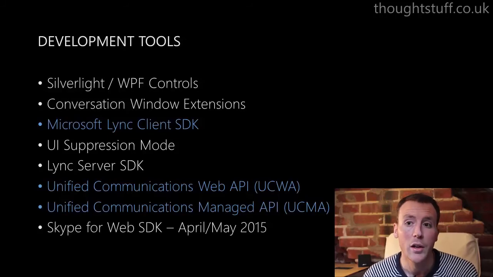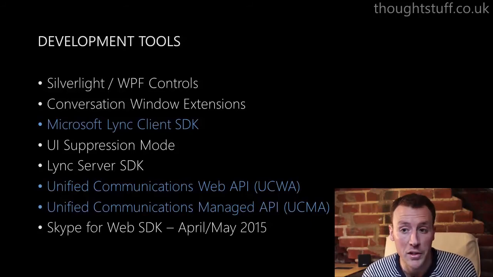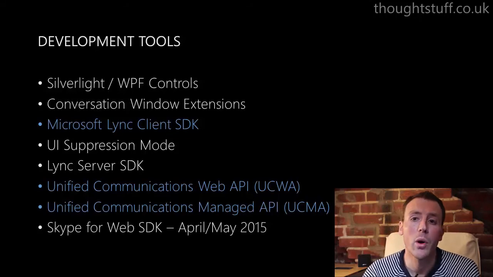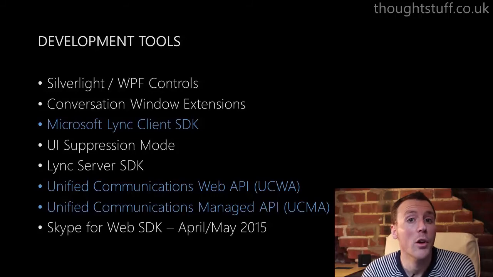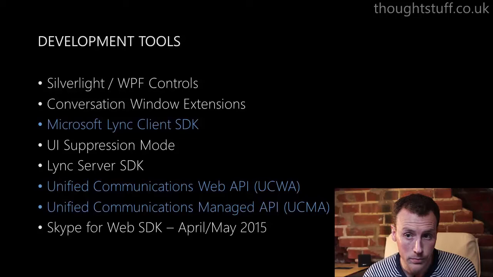For that reason, UCWA also comes with a set of JavaScript helper libraries, so that you can add UCWA code to web pages. UCWA is limited to instant message and presence information only. There is no way to use UCWA to make or receive voice or video calls.